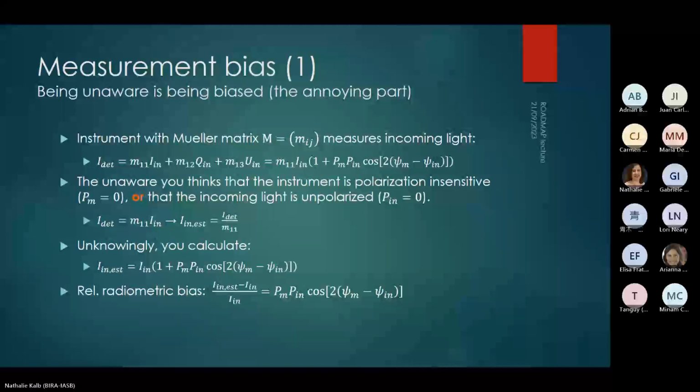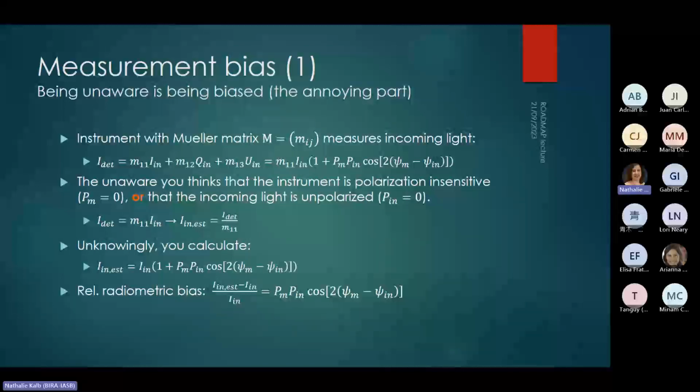So you might think that the instrument is polarization insensitive, or you don't care about it. Or you might think that the incoming light is unpolarized. So either P_M is 0 or P_in is 0, and this second term drops. So you think that your model is I at the detector is M11 times I incoming, and you estimate the incoming light just by dividing by M11.